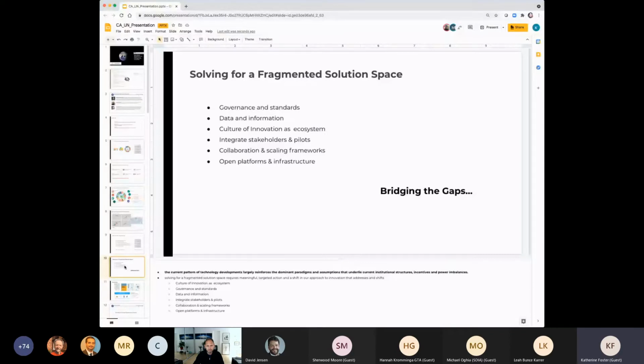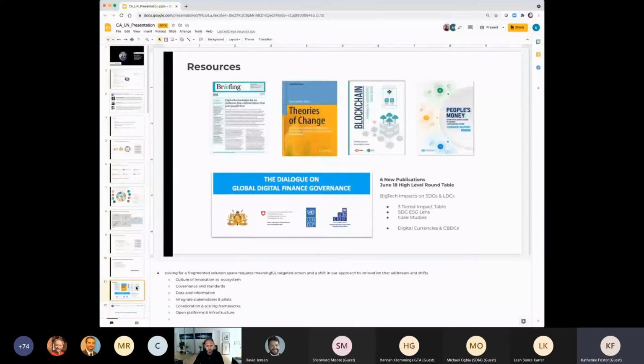Some of the tools that you can find and resources I will provide to the group include an IID briefing on climate finance, a new chapter on blockchain and sustainable development, a digital green bonds framework, and also the UN Task Force report, People's Money, where a number of the tools that we shared as knowledge partners are included.